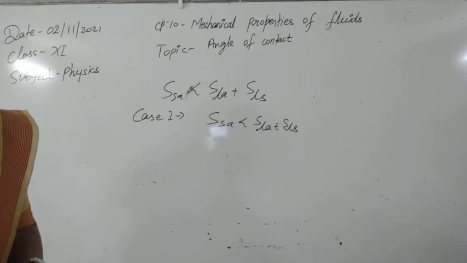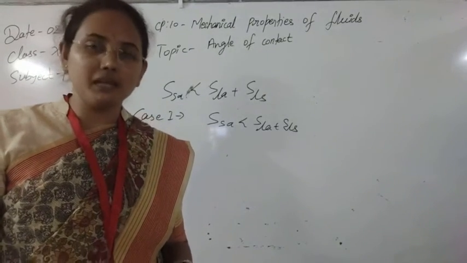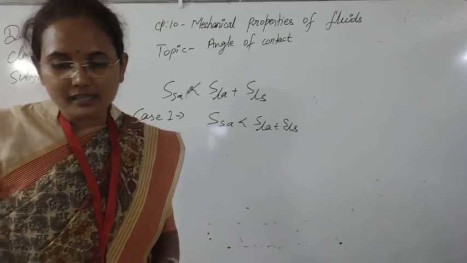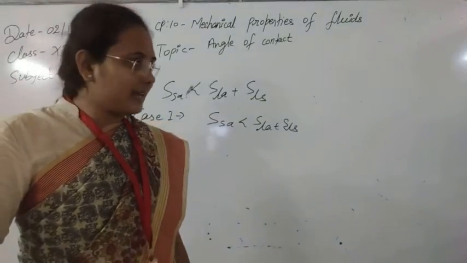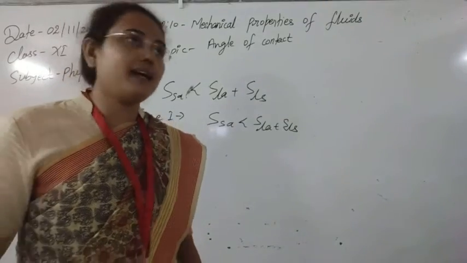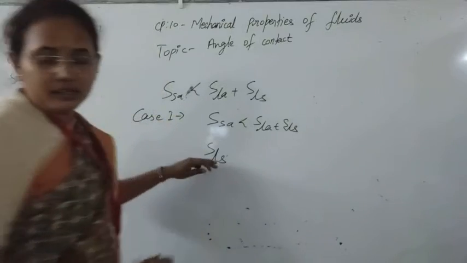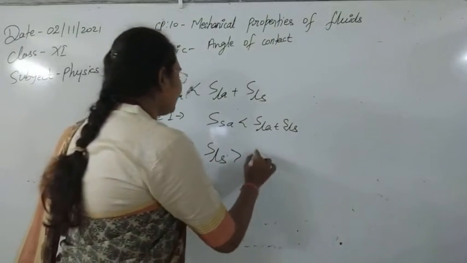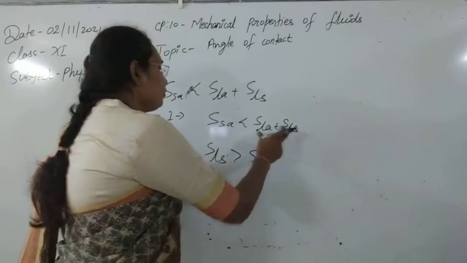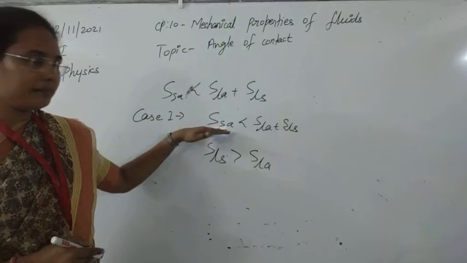So the equilibrium of the liquid drop placed on the solid surface is possible, and in this case S_SL is greater than S_LA. Of these two, the first condition is necessary for equilibrium.